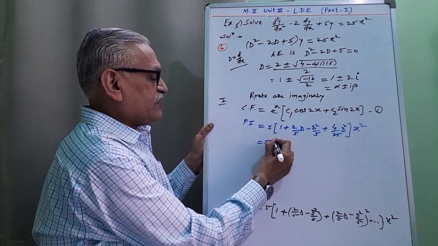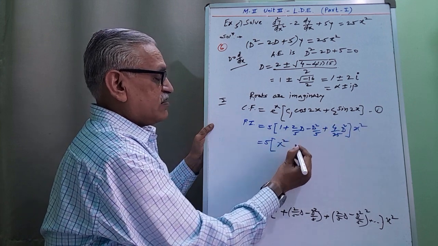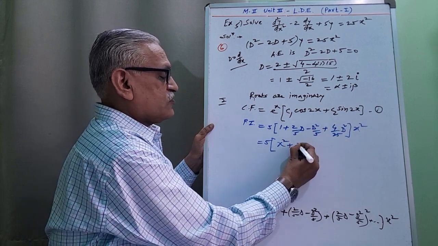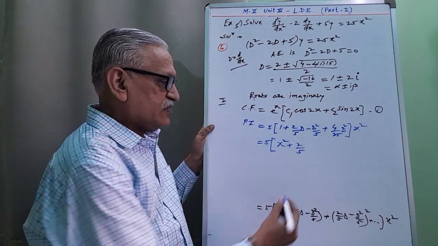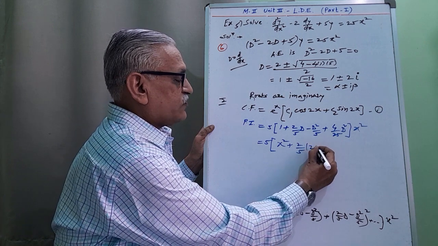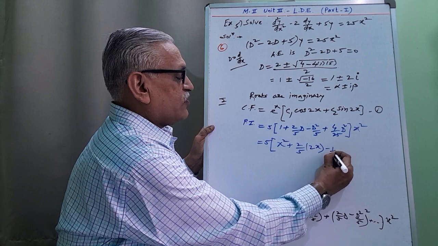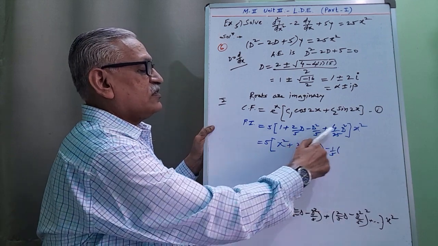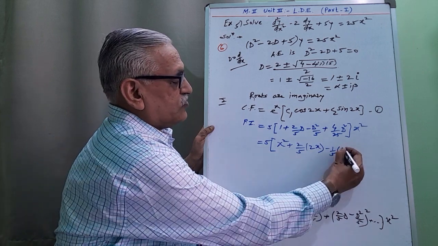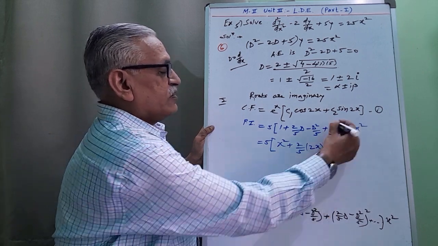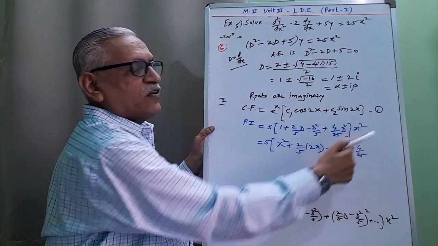It is 5 times 1 into x square, we get x square, plus 2 by 5 d of x square, means derivative of x square. Derivative of x square is 2x, first derivative, minus 1 by 5 second order derivative of x square. First one is 2x, next one is 2. Therefore, into 2, plus 4 by 25 d square of x square.